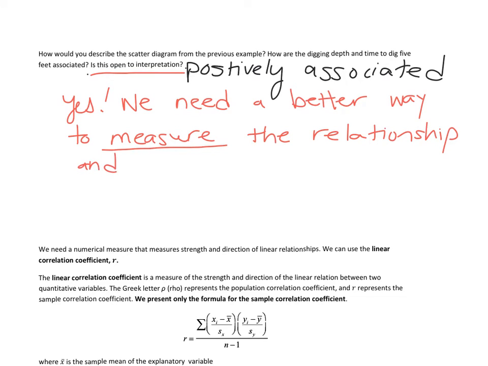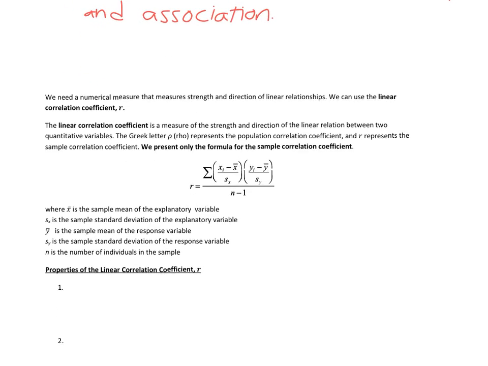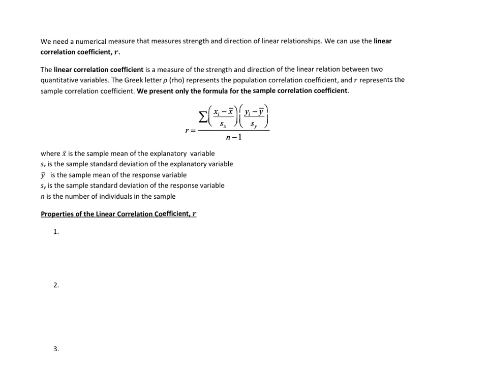Okay, so what we do is we look at something called the correlation coefficient. And the correlation coefficient measures the strength and direction of linear relationships.